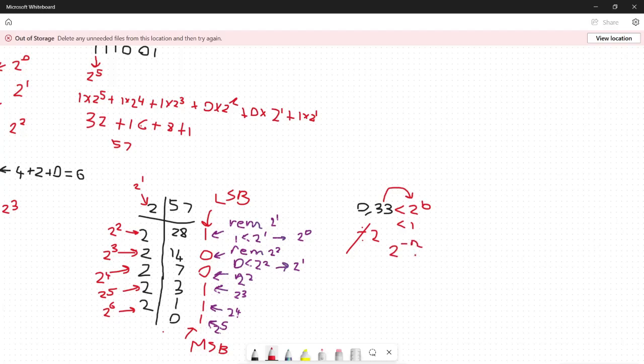I'm going to call it n. This is in the negatives, and if we want to get the negatives to positive now, we're going to need to times by 2. We're going to follow this pattern, but instead of dividing the number, we're going to times it. If that's a bit confusing, let me demonstrate. This is 0.33, and we're going to say 0.33 times 2. That gives us 0.66.